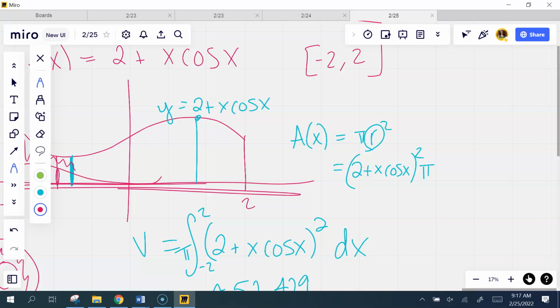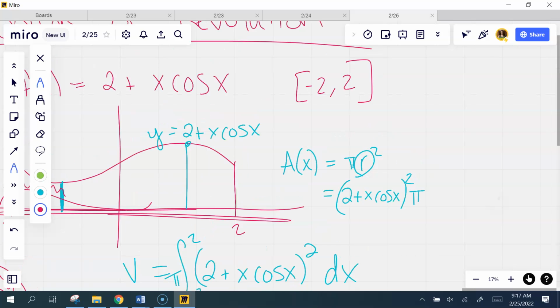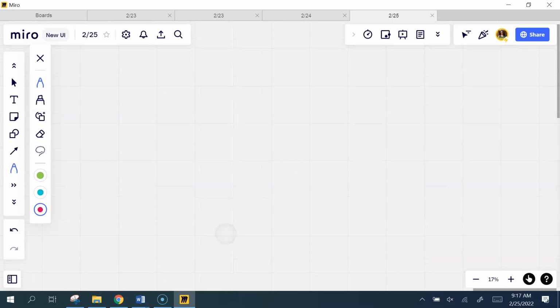I get 11 and a half. Okay. I'm going to do one about the y-axis. Gosh.